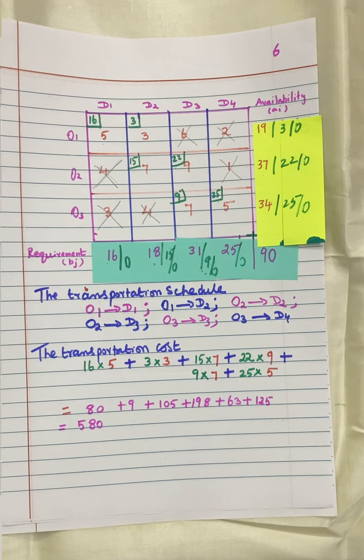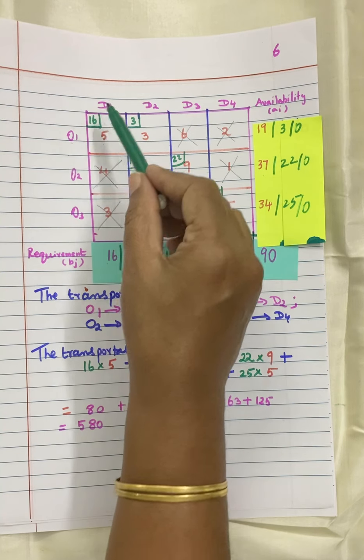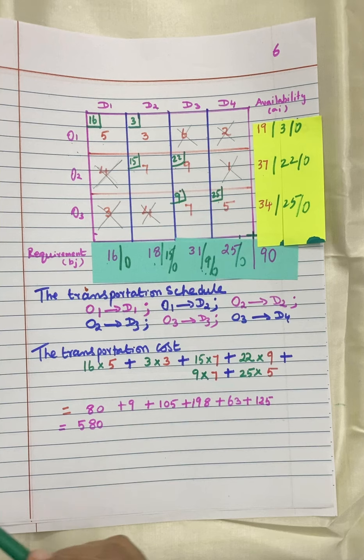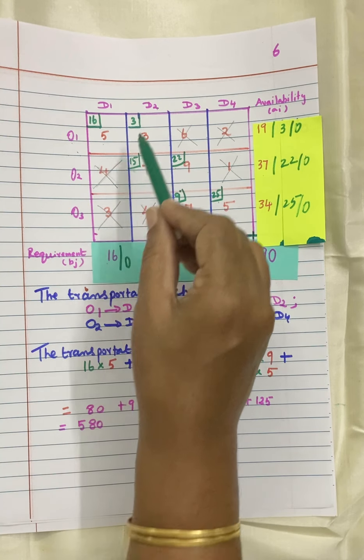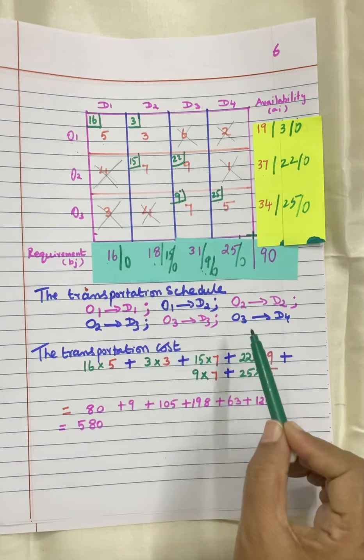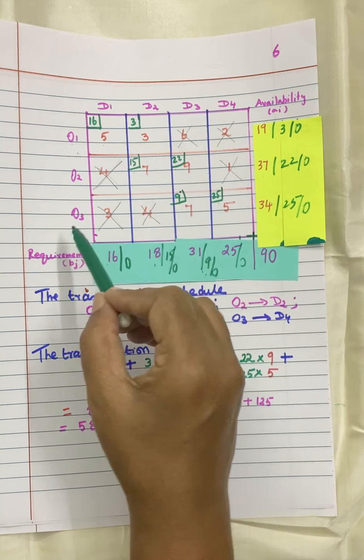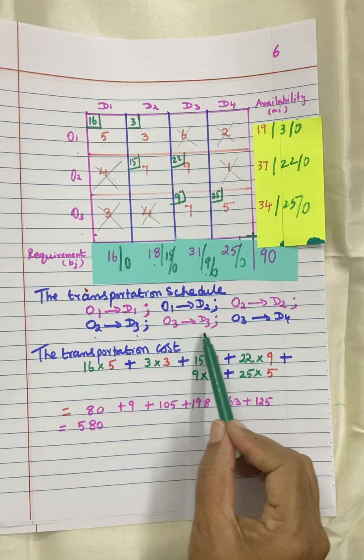Now I have to write the schedule. Then you have to write the value. Now tell me the schedule. O1 to D1, O1 to D2. O2 to D2, O2 to D3. O3 to D3 and O3 to D4.